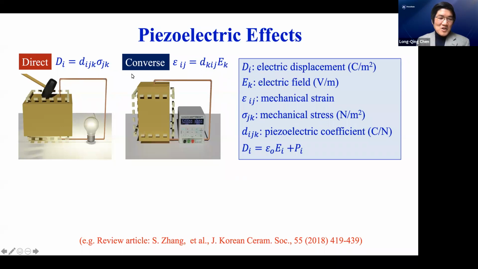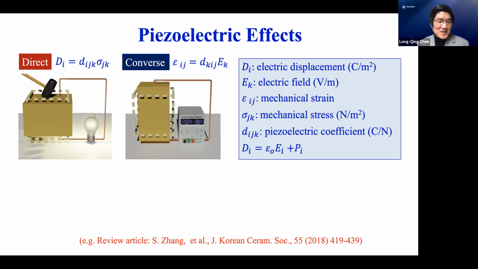And it can be shown that the coefficients representing the direct effect and the converse effect are equal. And you can imagine, because of the ability of a crystal to convert electrical energy or electrical signal to mechanical energy or mechanical signal, or vice versa, they can imagine many different applications.